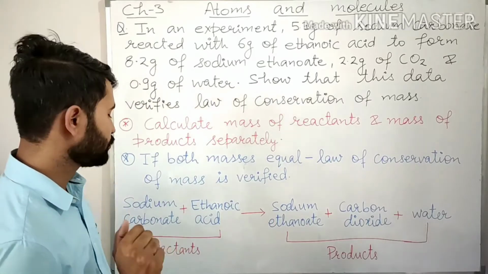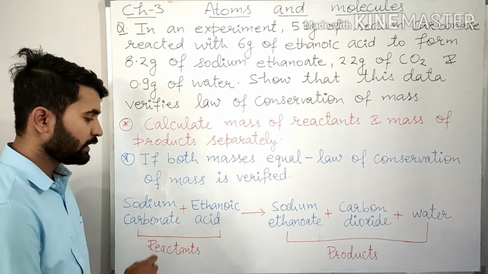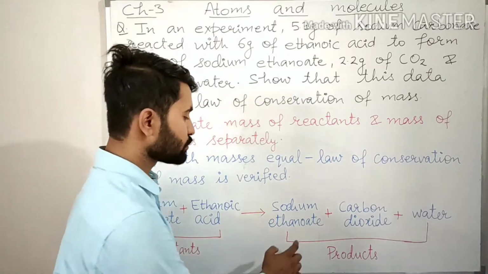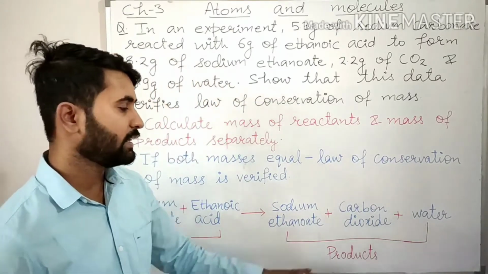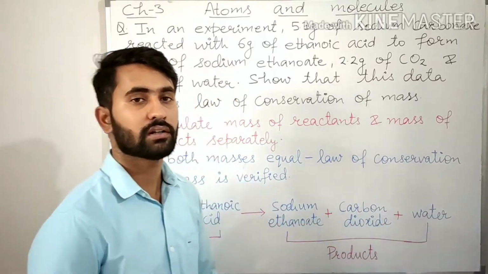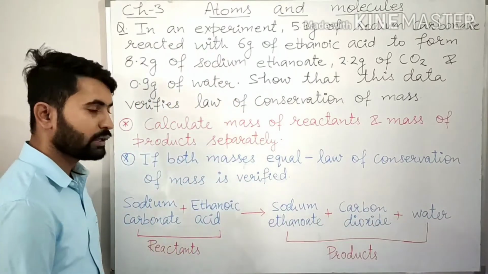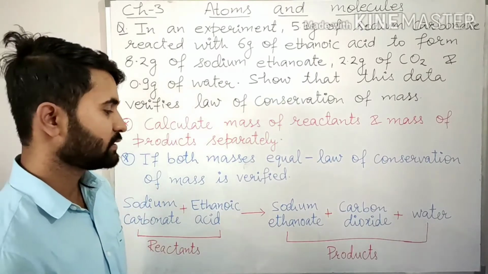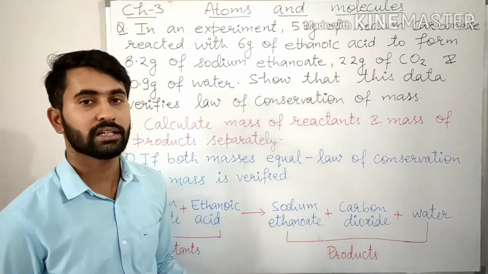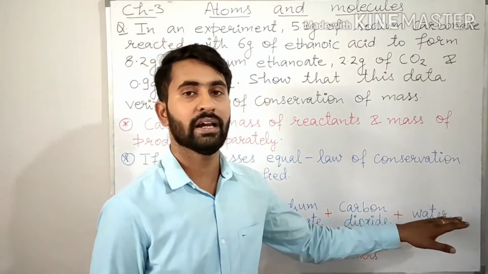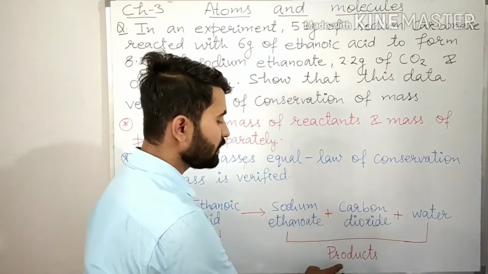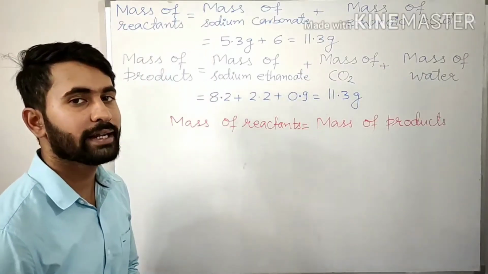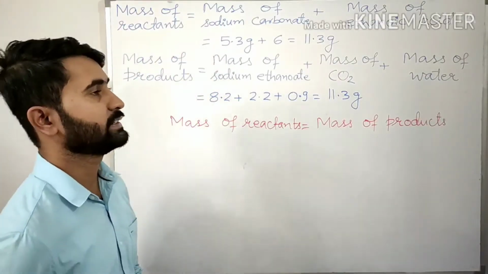In this question, sodium carbonate reacts with ethanoic acid to give sodium ethanoate, carbon dioxide and water. Sodium carbonate and ethanoic acid are both reactants, whereas sodium ethanoate, carbon dioxide and water are the three products. First of all, we will calculate the mass of the reactants.